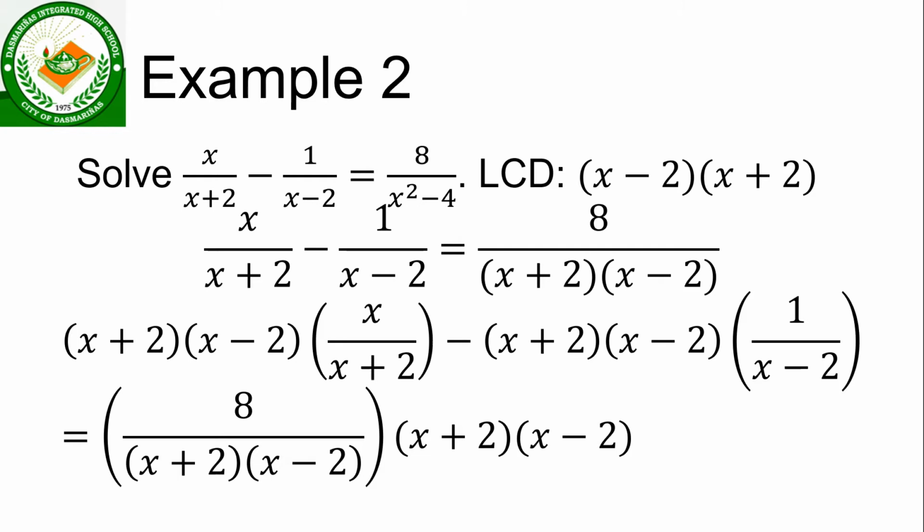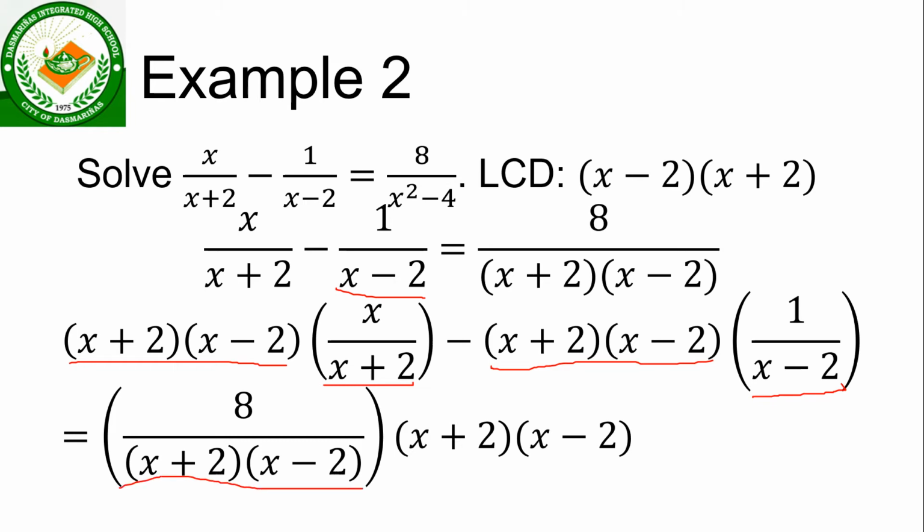Okay? So I just write it down there, and multiplying the LCD to each term of the equation, we have here the LCD x plus 2, x minus 2 multiplied by the first rational expression, minus the LCD x plus 2, x minus 2 multiplied by the second rational expression, is equal to 8 over x plus 2, x minus 2.